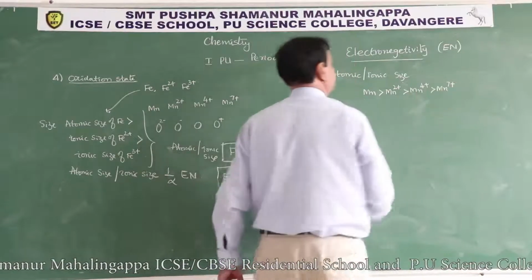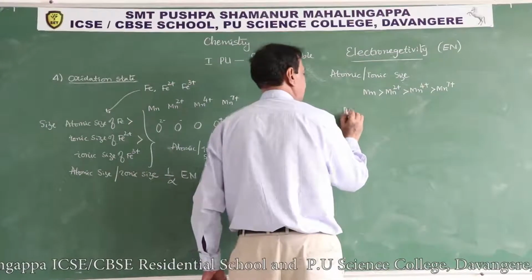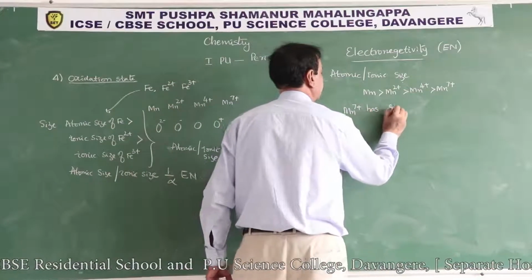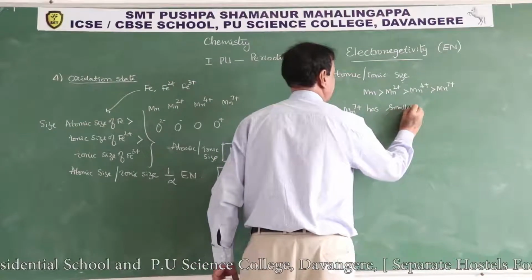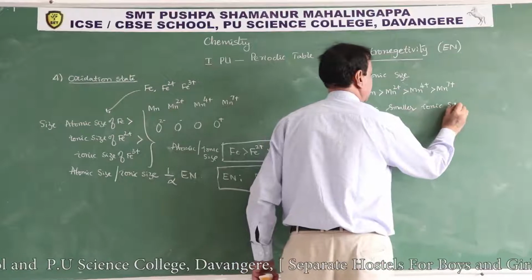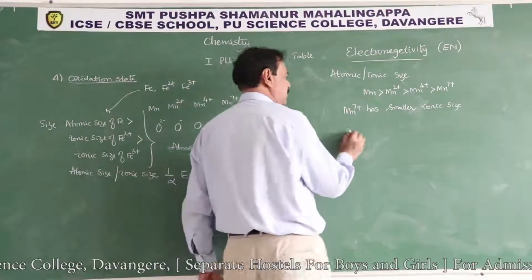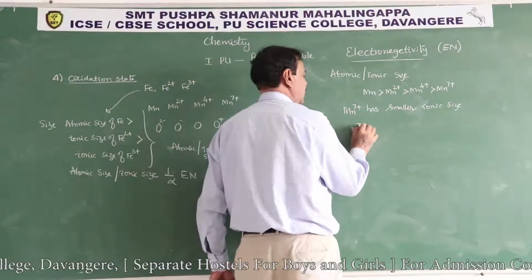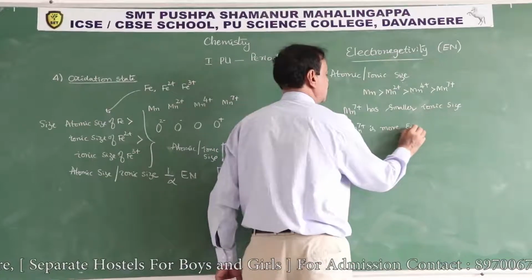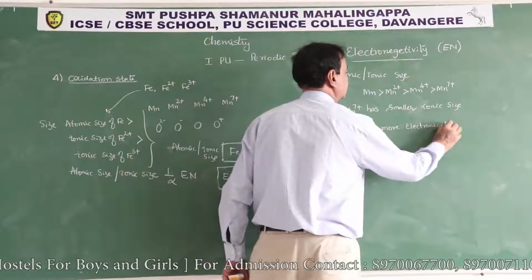That is atomic or ionic size. This implies that Mn7+ has a smaller ionic size. Therefore, Mn7+ is more electronegative.